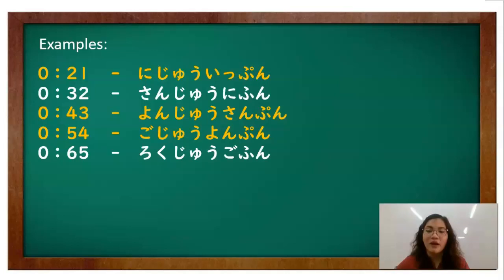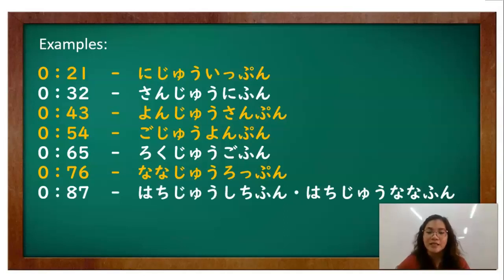Next, 65 is Rokuju Gofun. 76 is Nanaju Roppun.